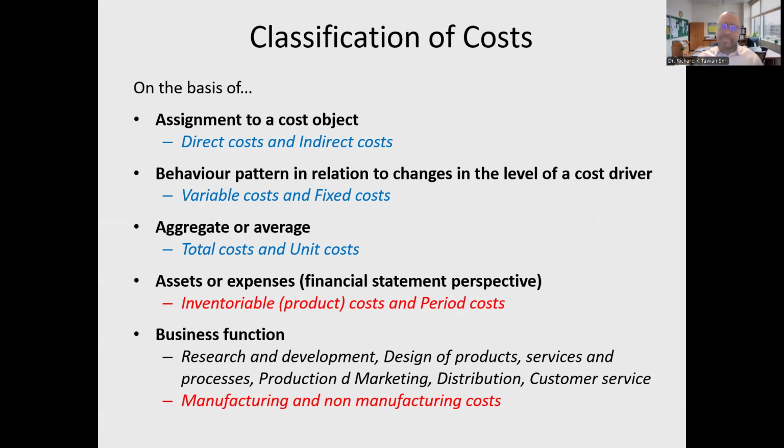It's still fixed. Cost can also be classified based on average or aggregation. So like the total cost or the unit cost. Okay. So total variable cost or variable cost per unit. You get it? Right. Then it can also be classified based on assets or expenses, the financial statement perspective.